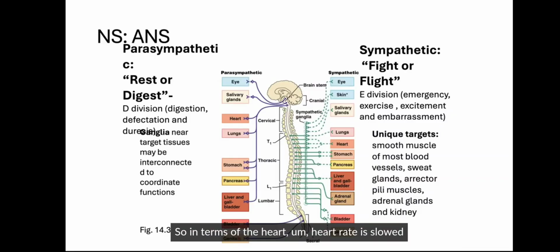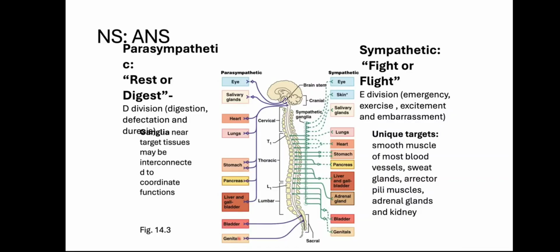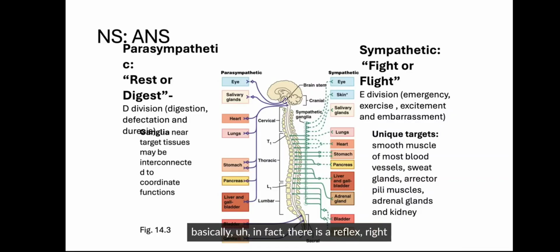So in terms of the heart, heart rate is slowed down. The heart is made to relax. In fact, there is a reflex where if you put your hand on your chest over your heart and you rub, and people do this to babies, babies immediately fall asleep when you do that. Or you tap them on their chest, it causes them to go to sleep. This reflex is in adults also. So if you've noticed, when you receive really bad news, immediately you clutch your chest.